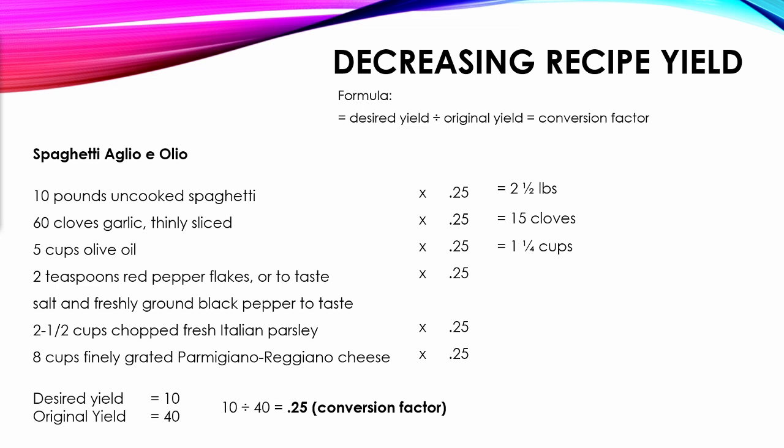And now the 2 teaspoons of red pepper flakes multiplied by 0.25 is equivalent to 1/2 teaspoon. There is no measurement for salt and black pepper because it depends on your preference.